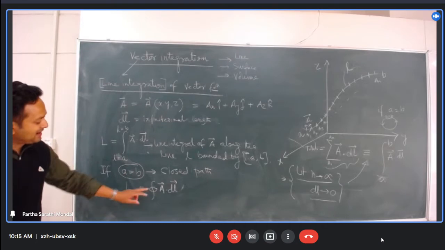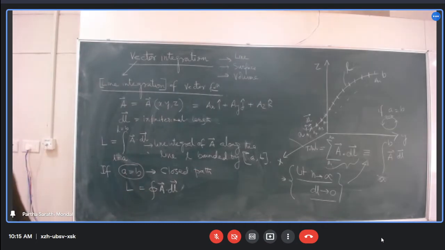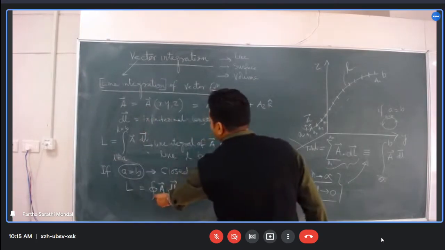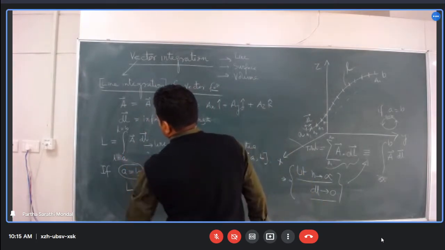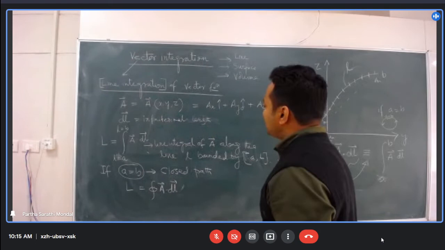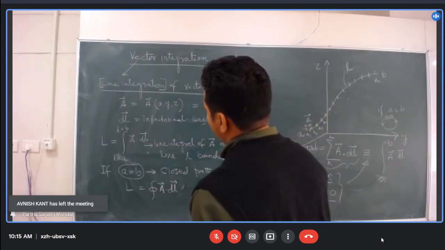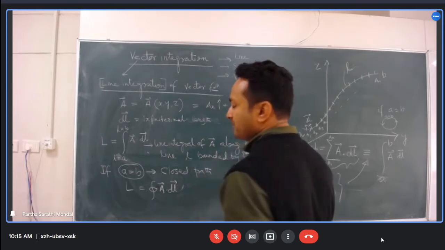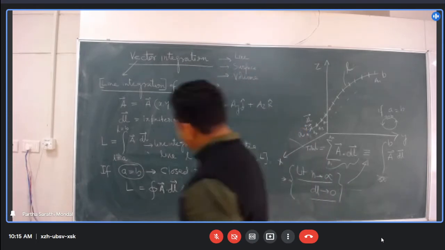Yeah, देखा है ना पहले? For closed path, and this is for open. Open means it is obviously bounded, but the values of the lower and upper bound are not the same.